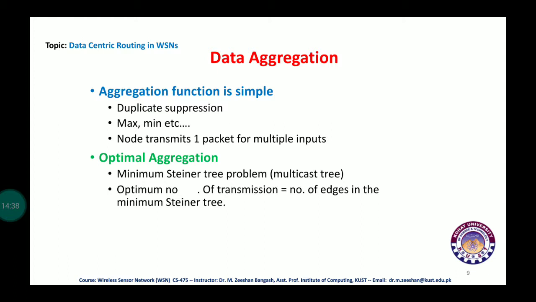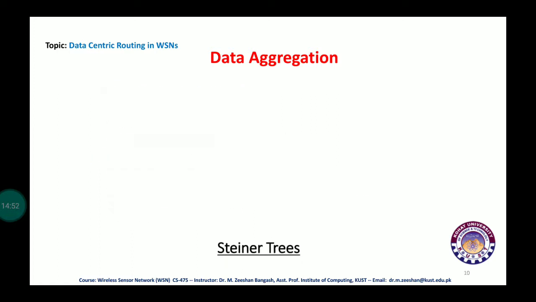So in the upcoming slide, we will look at the tree and understand what this optimal aggregation is. There are other optimal aggregations, and it is an NP-hard problem.